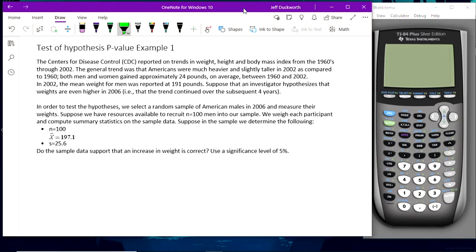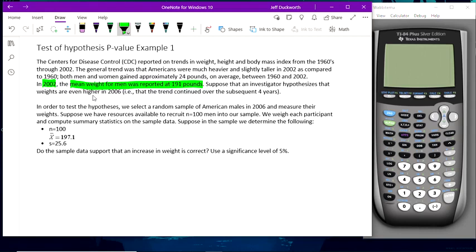It says the general trend was that Americans were much heavier and slightly taller in 2002 as compared to 1960. Both men and women gained approximately 24 pounds on average between those years. So then we have in 2002, the mean weight for men was reported as 191 pounds. And this is in 2002.